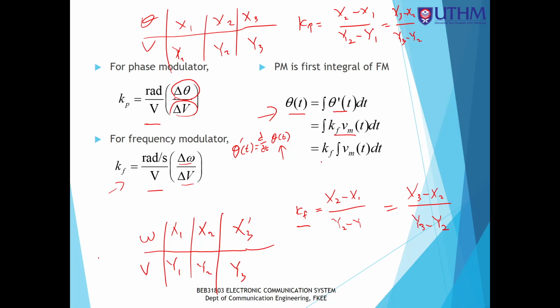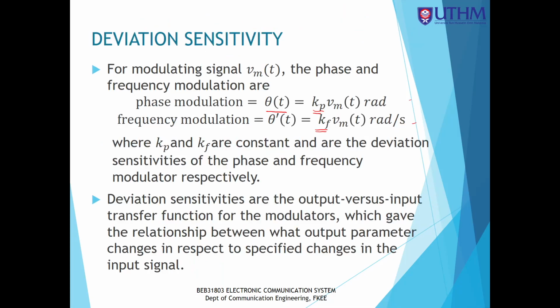You can put Kf outside because it is a constant parameter, and you can do the integral for Vmt. Kf Vmt is for theta prime t, Kp Vmt is for theta t.